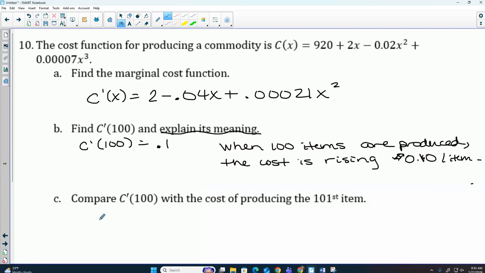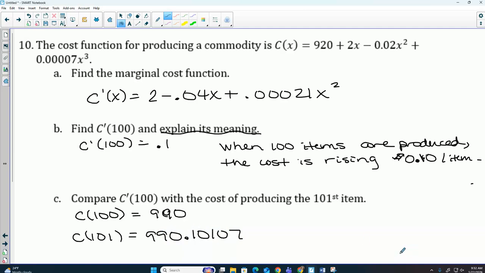Compare that with the cost of producing the 101st item. So what you actually have to do is find the cost of 100 items and the cost of 101 items. Because this doesn't predict the cost, it just predicts how it changes. So I have to know the true cost. So if you went back, the cost of 100 items, plug it into the original function, and you should get 990. When you plug in 101, you get that.